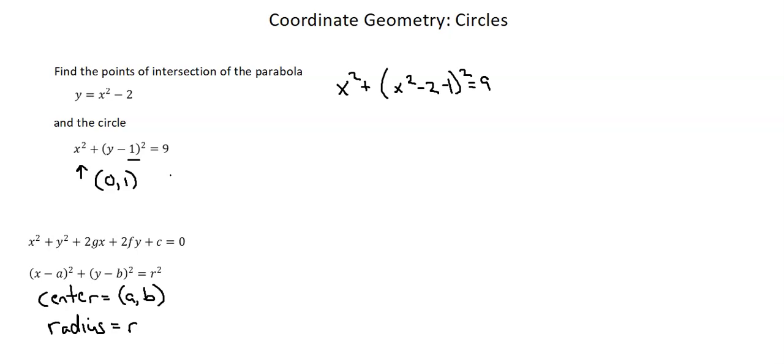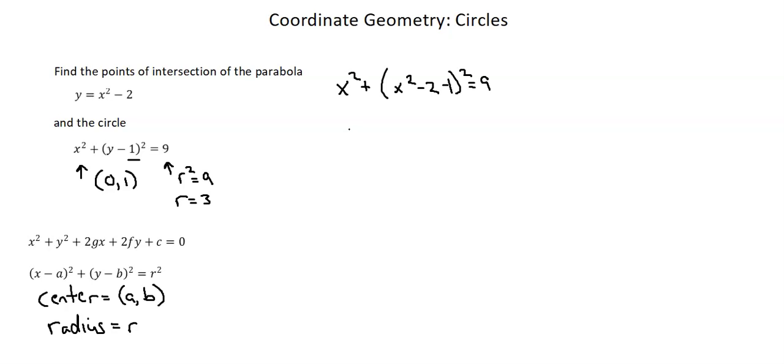The center is 0, 1, and the radius, r squared, is 9. So the radius is 3. We don't need that information to solve this problem, but it is a good example of how to identify the center and radius of a circle when your equation is in completing the square format.